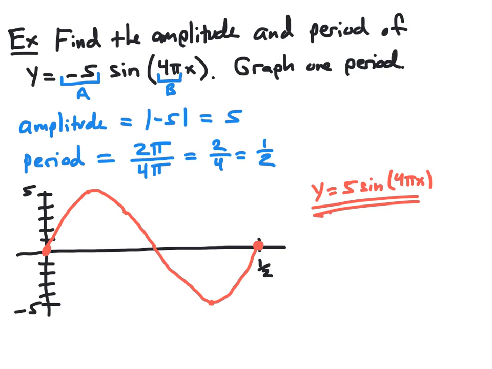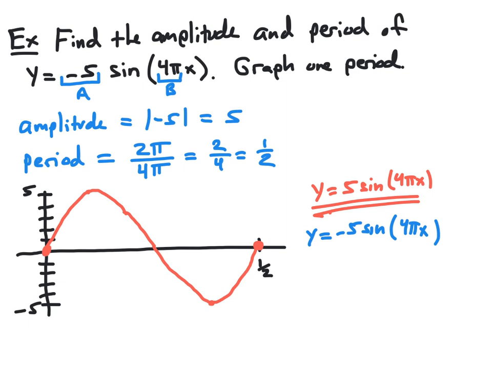Now we have to pay attention to the negative sign. So the graph that we really want is y equals negative 5 sine of 4 pi x. A negative in front of a function like this simply reflects all values across the x-axis. It takes any positive y value and makes them negative with the same magnitude, and any negative y value and makes them positive with the same magnitude.